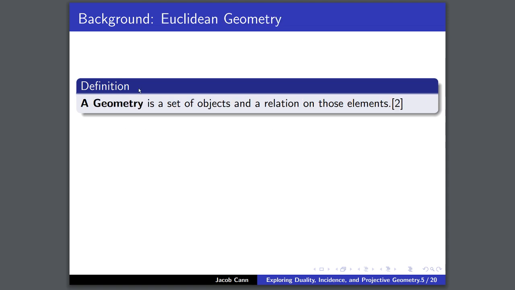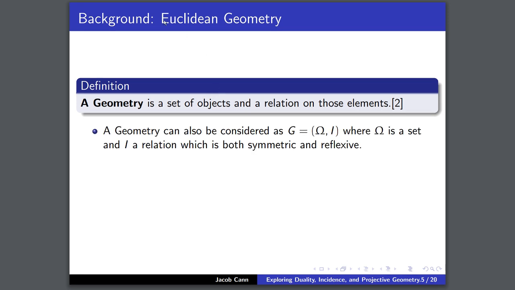A geometry is a set of objects and a relationship on those elements. Euclidean geometry is what we're used to. Say you were told to draw a circle on a piece of paper in fourth grade. You were working probably in Euclidean geometry.